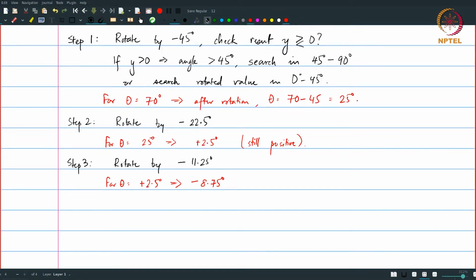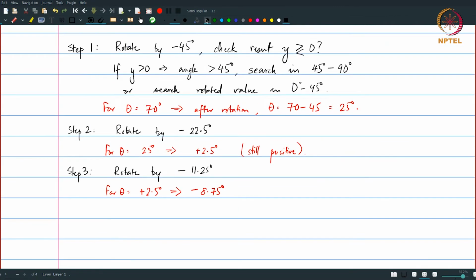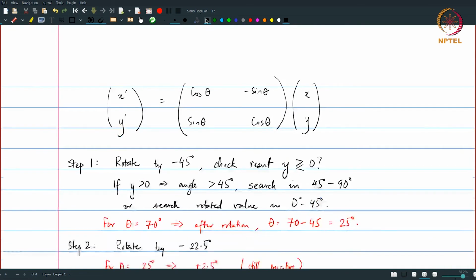Now we need to change the direction of rotation, because effectively what has happened at this point is that I started off with a vector which was 70 degrees and rotated it to a vector which now has 25 degrees.